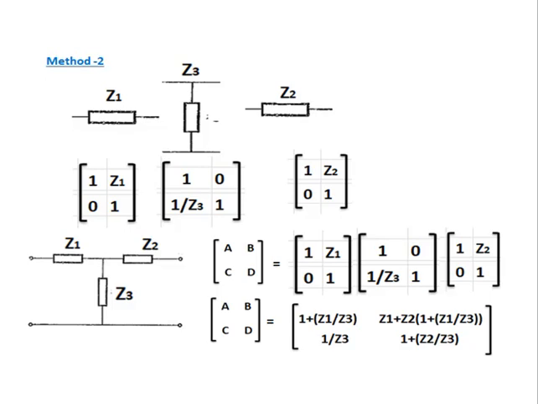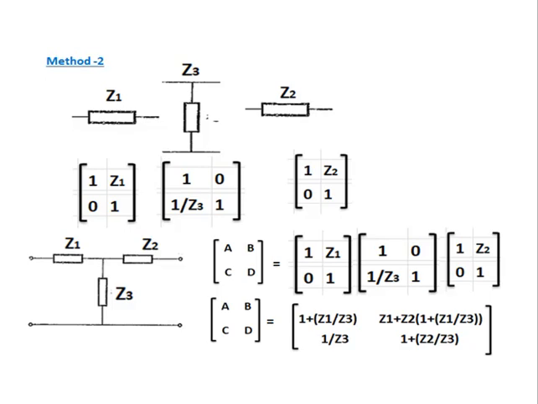Each component has its own ABCD matrix. Z1 is connected in series. The ABCD matrix of Z1 is 1, Z1, 0, 1. The Z3 component is connected in parallel. The ABCD matrix of Z3 is 1, 0, 1 by Z3, 1.